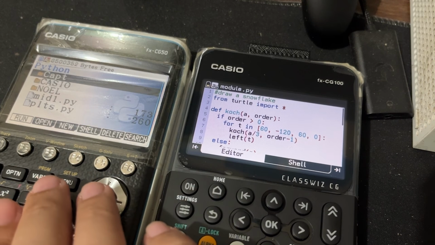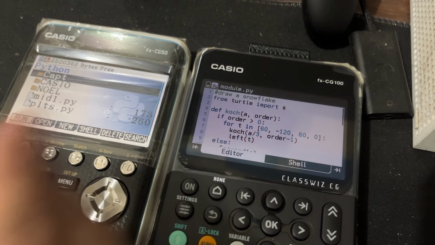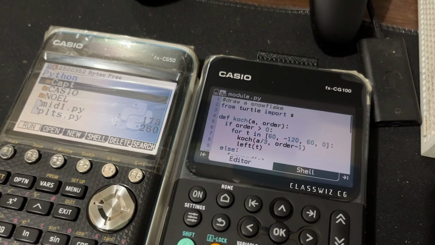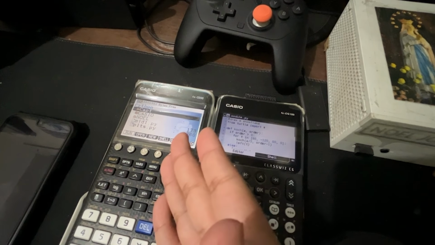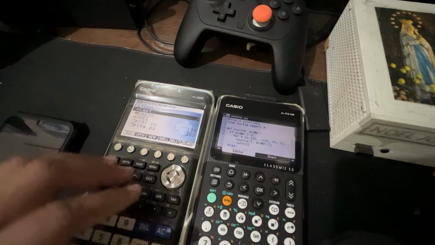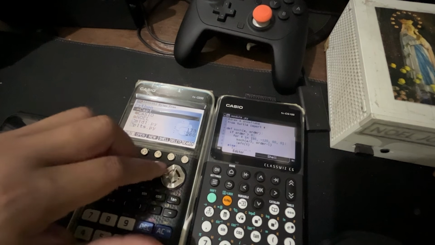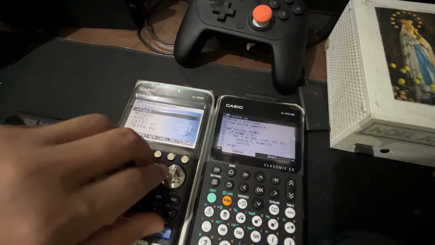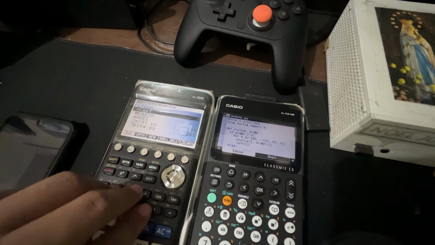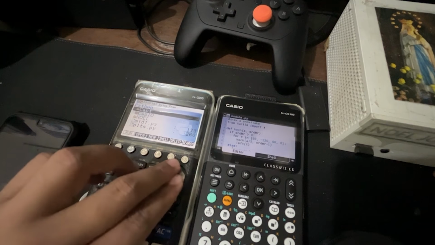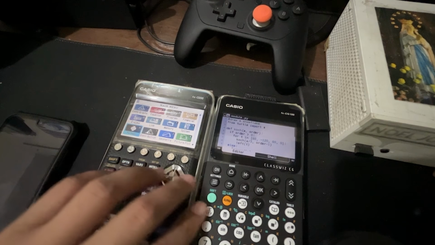It's an outdated version and doesn't run the snowflakes like the other calculator, or the other functions whatsoever. Auto menu.